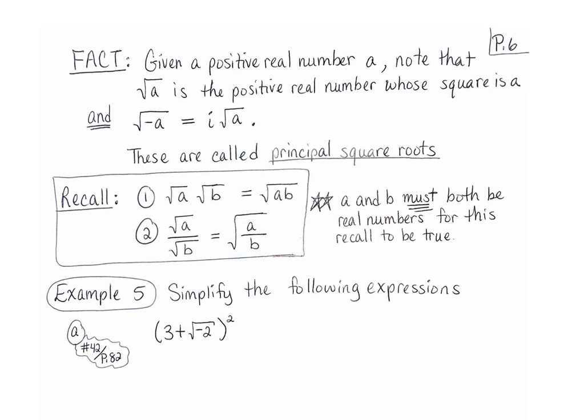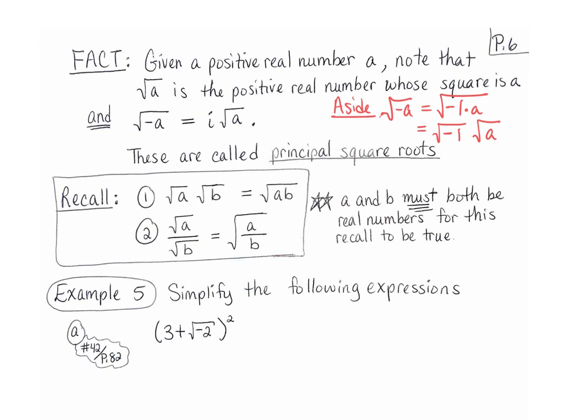Okay, so remember, on the side, if we start out with the square root of negative a, that's the same thing as the square root of negative 1 times a. Are we good so far? Okay, so this is the square root of negative 1 times the square root of a. What's the square root of negative 1? Square root of negative 1 is? i.